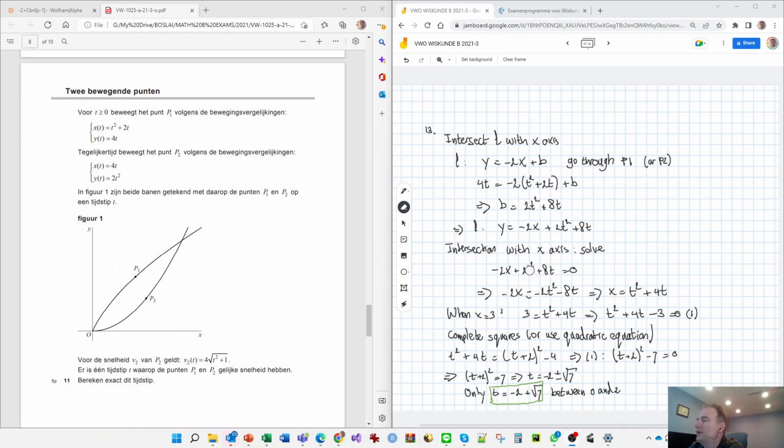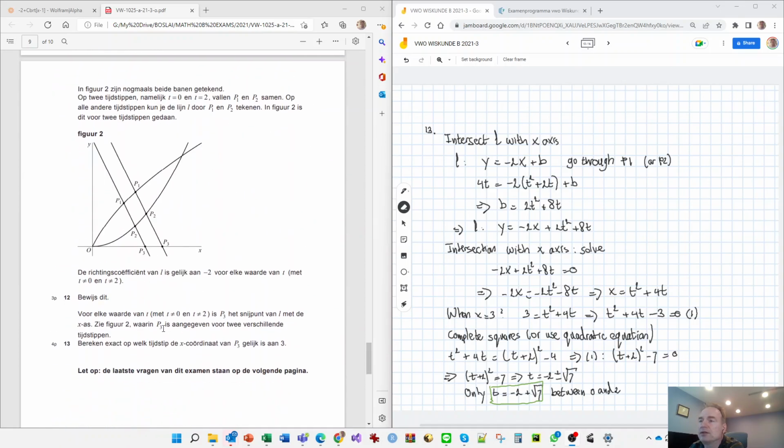So yeah, bring the t's here to the right, then you get x is equal to t squared plus 4t. So we found, as a function of t, what the coordinates of P3 are.